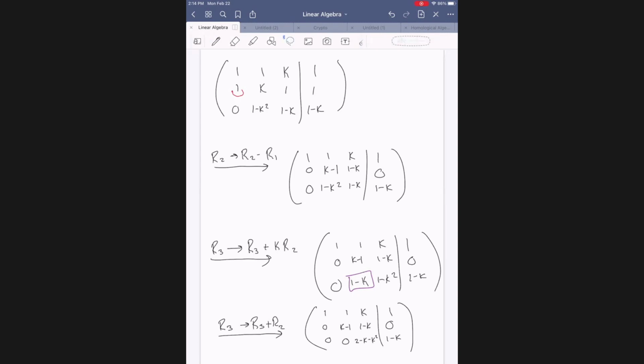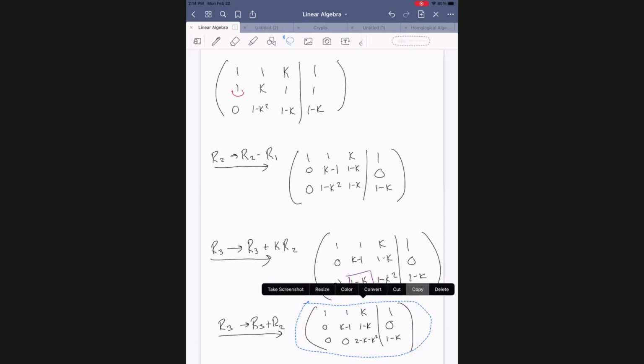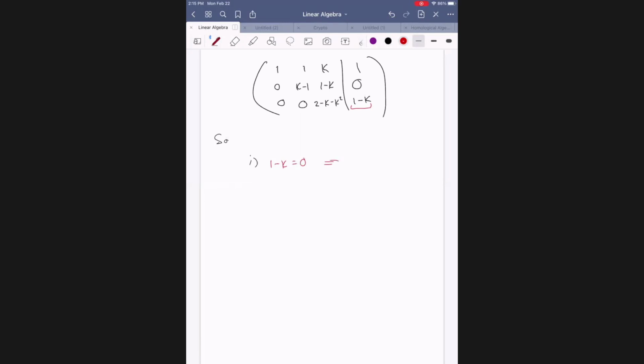Okay, so let's do this guy right here. So 1 minus k is equal to 0, which implies that k equals 1 would make that part 0.